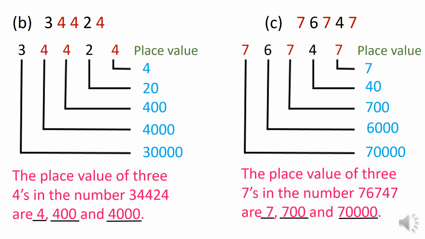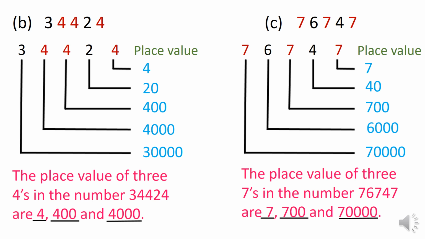34,424. This number has 4 ones, 2 tens, 4 hundreds, 4 thousands and 3 10,000s. So the place value of 4 is 4. The place value of 2 is 20. The place value of 4 is 400.